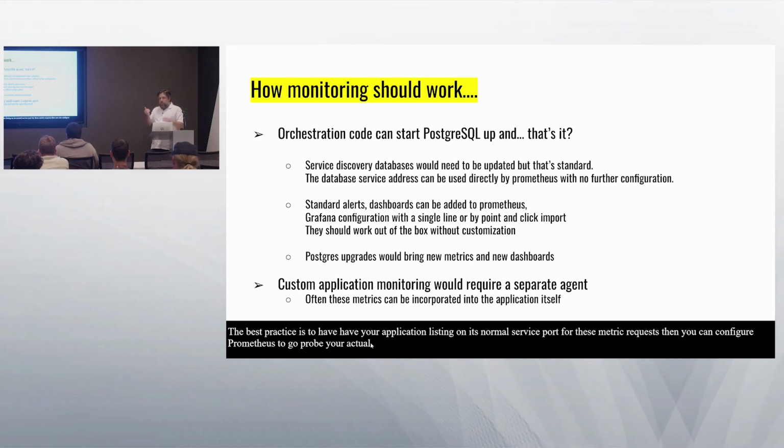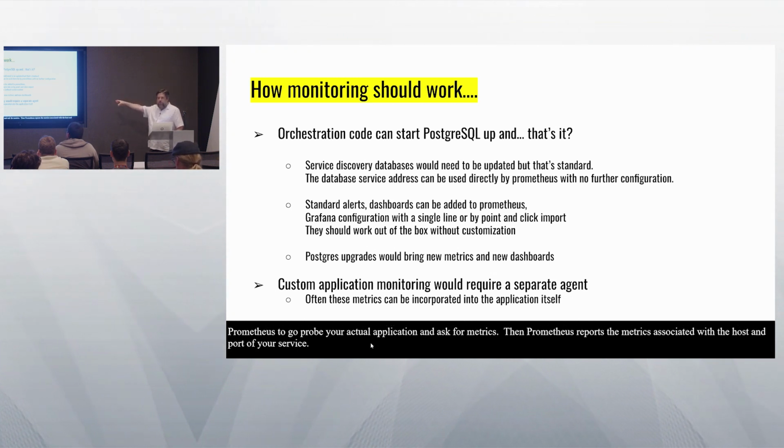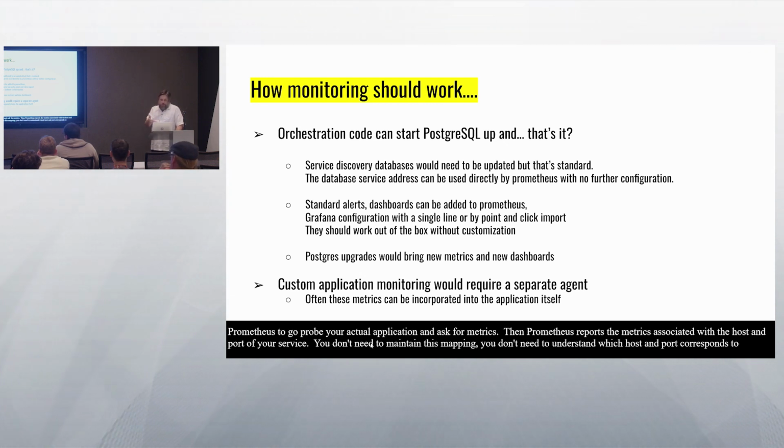And then Prometheus reports these metrics associated with the host and port of your service. You don't need to maintain this mapping. You don't need to understand which host and port corresponds to which service address, the database address.